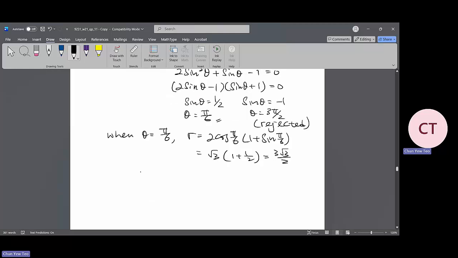So therefore your r max coordinate point will be (r, theta). Okay, done. This will be the answer for question number 6A.